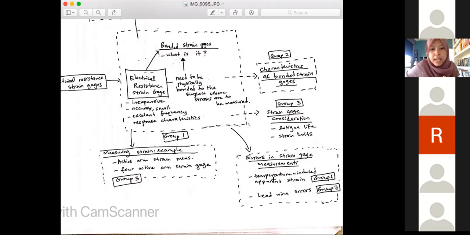Kita ada dua jenis error, satu temperature induced apparent strain, dan group nombor 7 akan cover another error in strain gauge measurement, which is the lead wire errors.